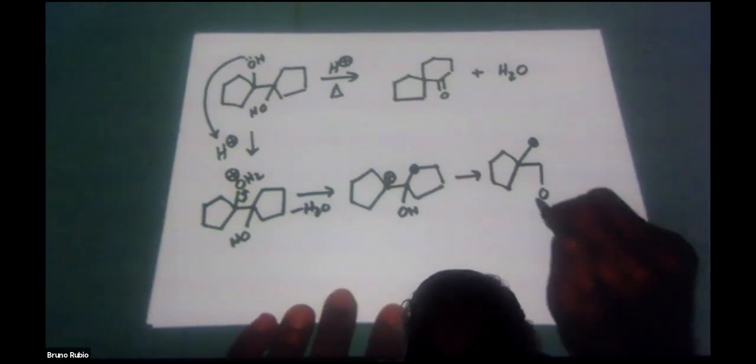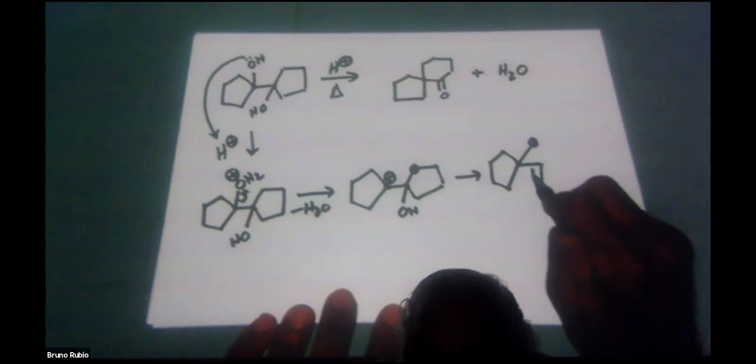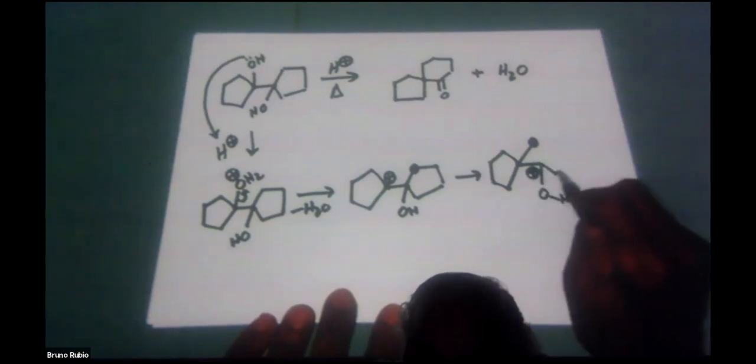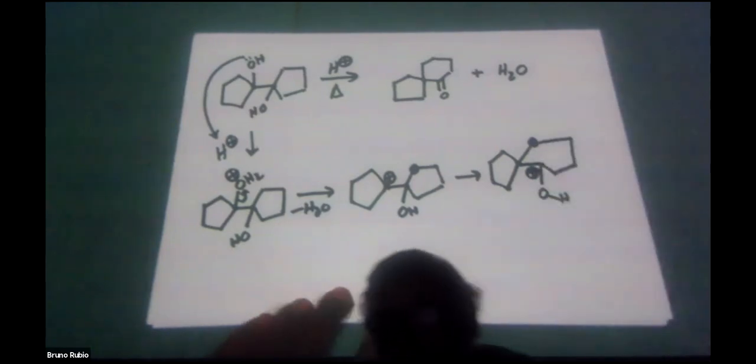The whole point of that migration was to bring the positive charge there. Okay, just trying to redraw that in a way that preserves the original structure of the rearranging carbocation.